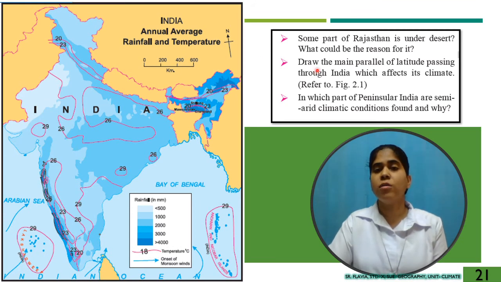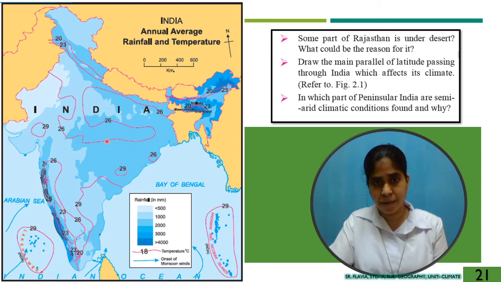Next, draw the main parallel of latitude passing through India which affects its climate. So it's over here. It is passing through the Tropic of Cancer. I repeat, over here, it is passing through the Tropic of Cancer.